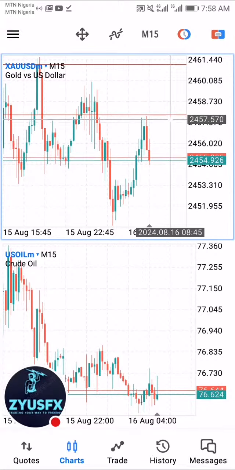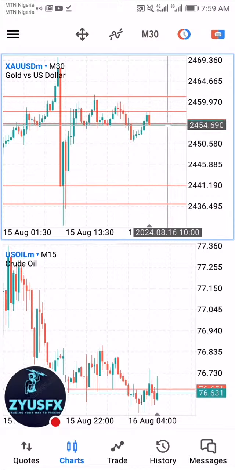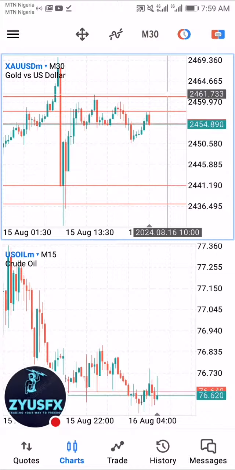If you take a trade at 24.57, our stop loss becomes smaller. We only use 4 pips stop loss. But if we take it here, our stop loss range increases, and we don't want to be doing that. We want to be entering trades with high probability and low risk. We are not cheating the market, we are just being conservative.